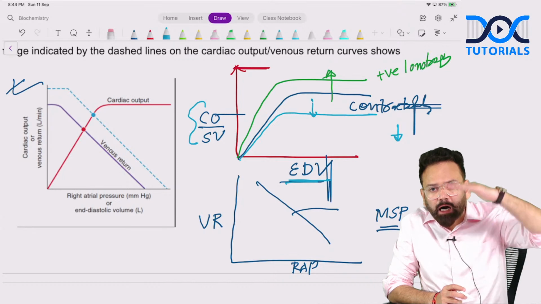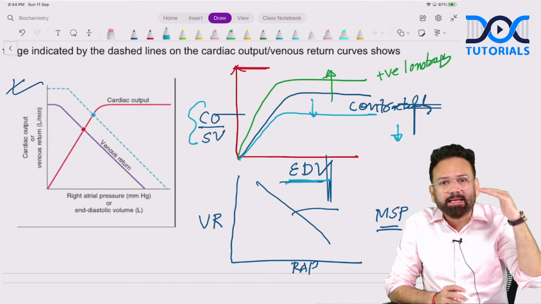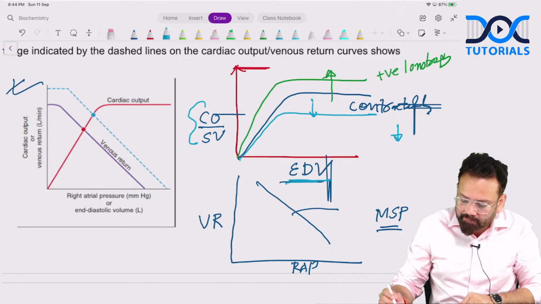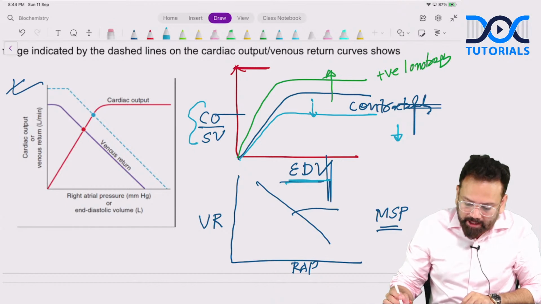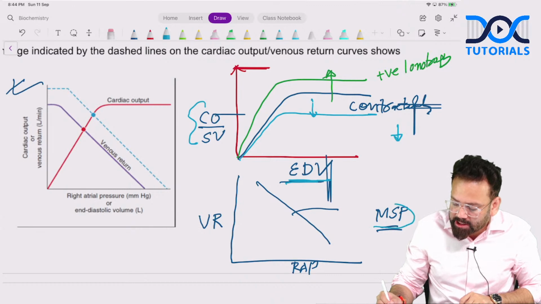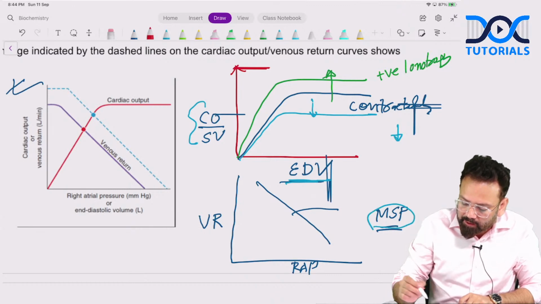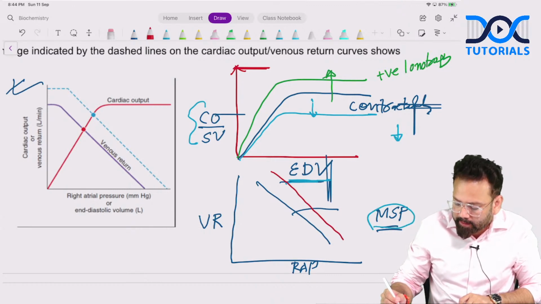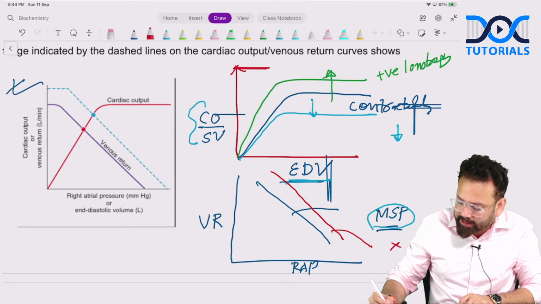If the curve is upward, it means contractility is increased. If the curve is downward, it means contractility is decreased. Is this clear? Now, this is mean systemic pressure. If a curve is upward, it means there is an increase in the mean systemic pressure.